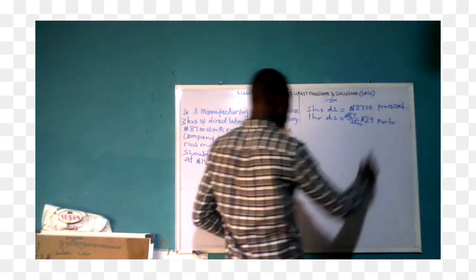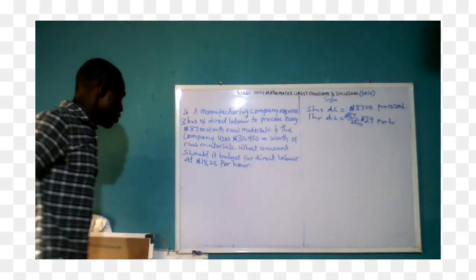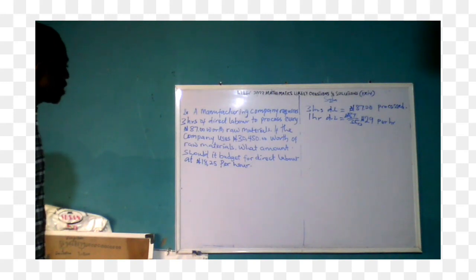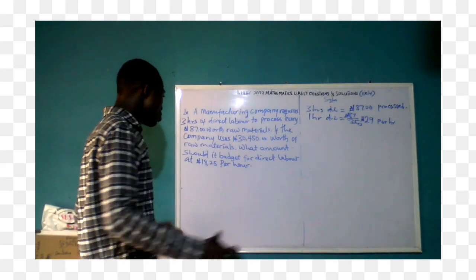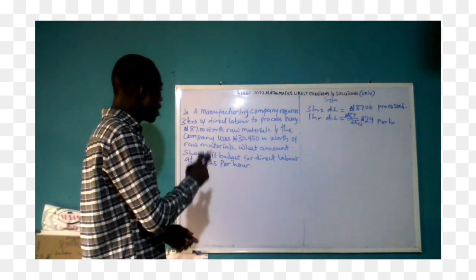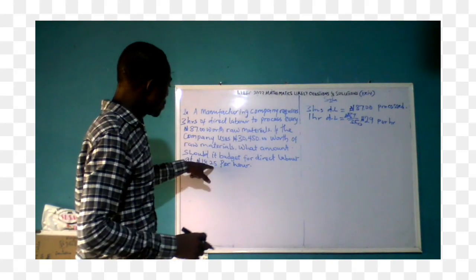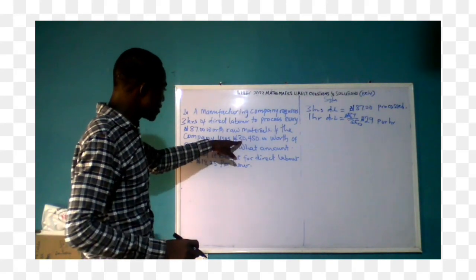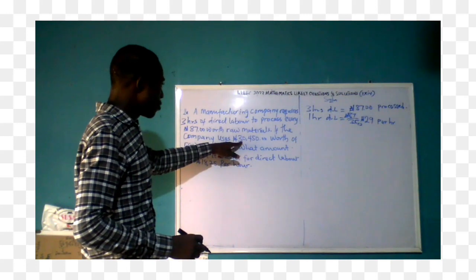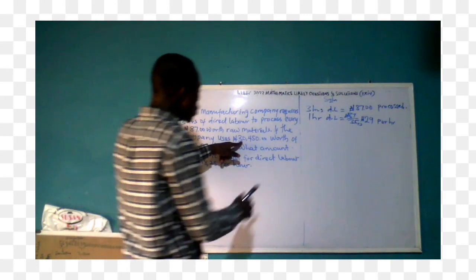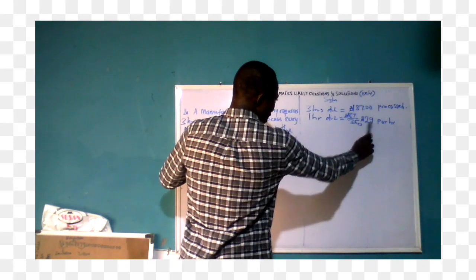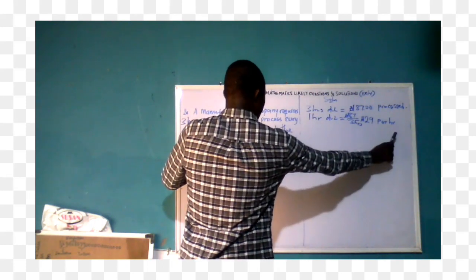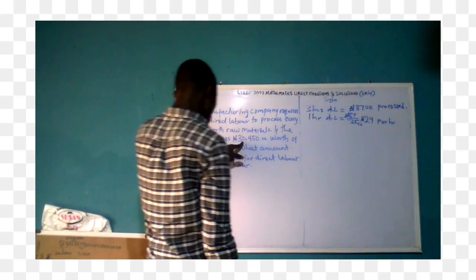Now, reading further, we are told that if the company uses 30,450 naira worth of raw materials, what amount should it budget for direct labor? For us to answer this, we must also get something from this. We already know what raw material can be processed in 1 hour, which is 29 naira worth of raw material.